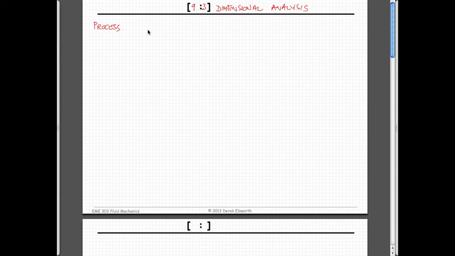So the basic process is that you have, let's use the wing again, just because it's convenient. Can I draw a wing? Let's draw it the other way around for one time. So we have a model, it's not supposed to be a fish. And around that model we want to have some flow regime. And we have a prototype, which would be the same shape.